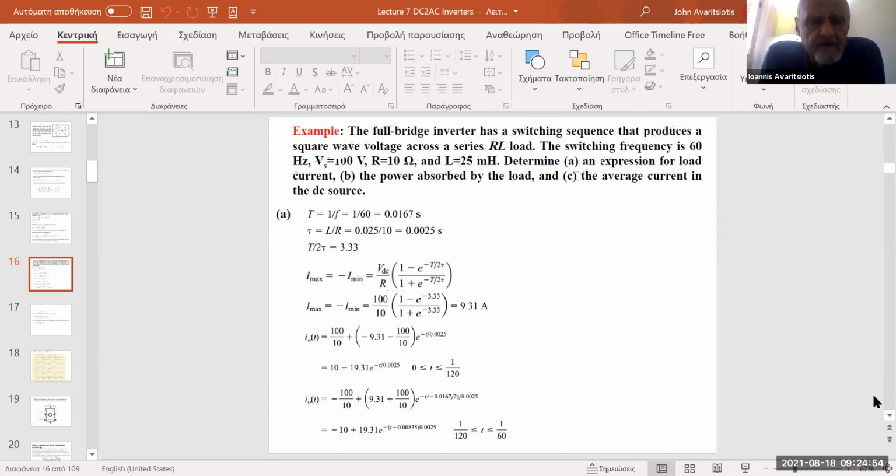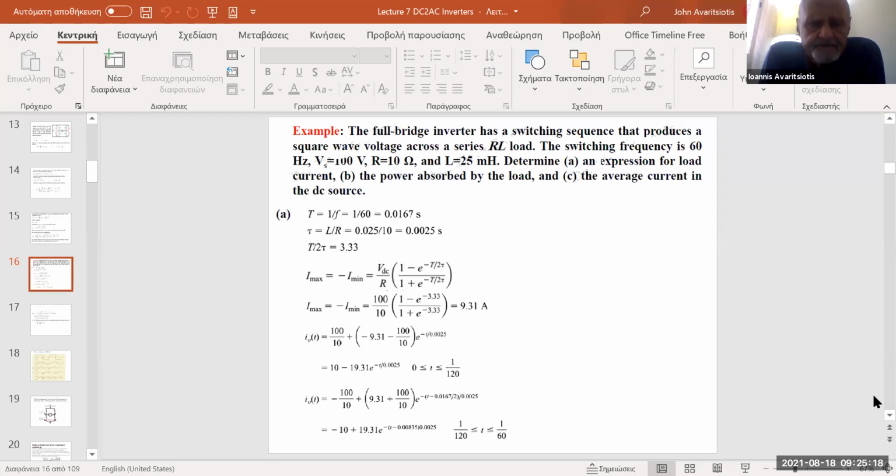And we are doing that because in all equations we derive for the maximum value of the current and the minimum value of the current, if you remember, we have an exponential term where the exponent is minus capital T divided by 2 times the value of the time constant tau.